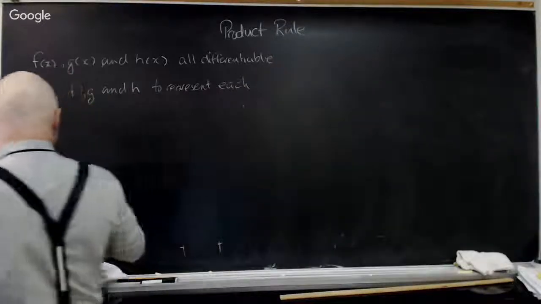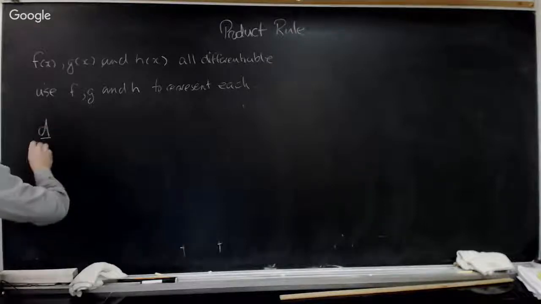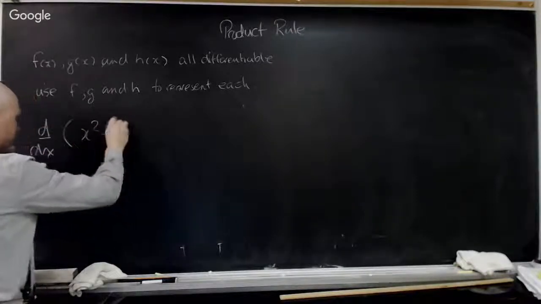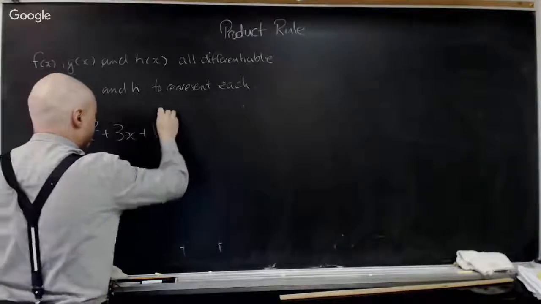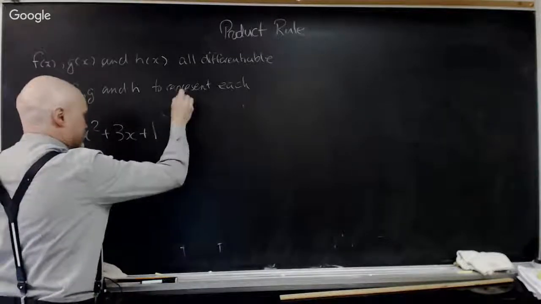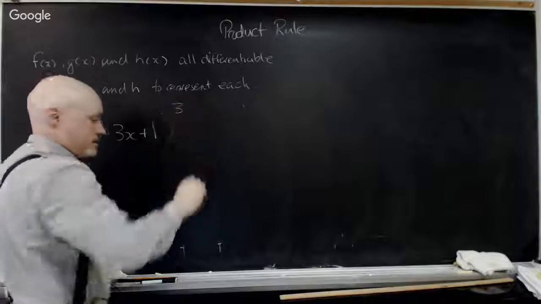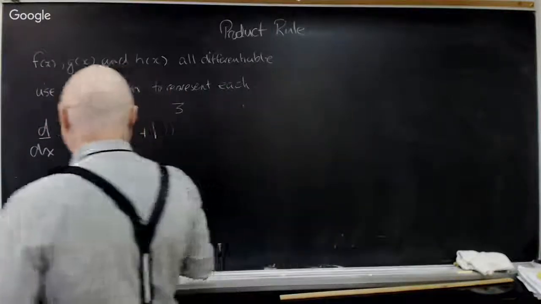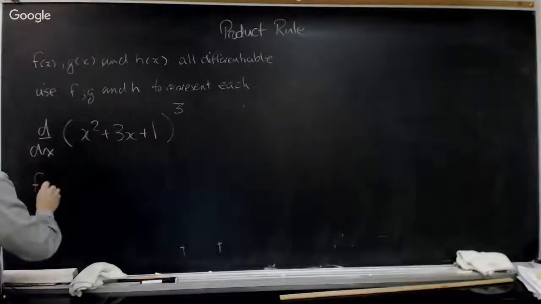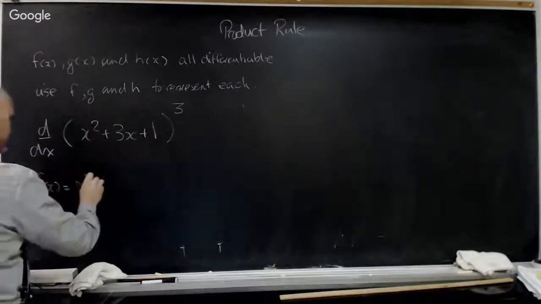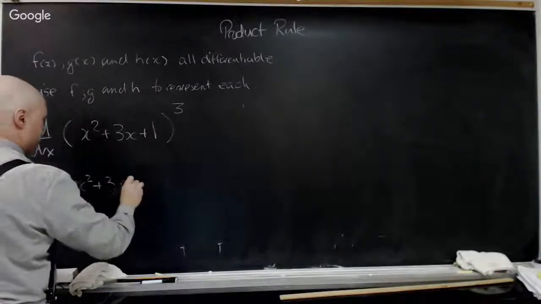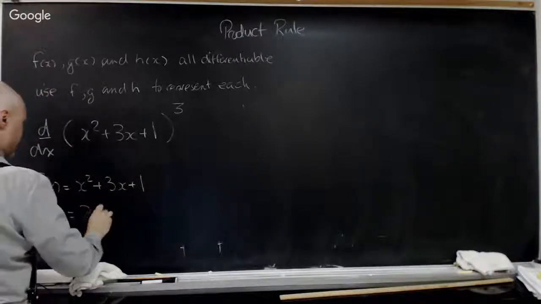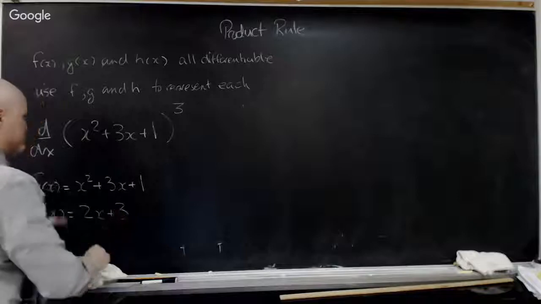So let's find the derivative with respect to x of x squared plus 3x plus 1, raised to the power of 3. I'm going to say f at x is x squared plus 3x plus 1. The derivative of f is 2x plus 3.